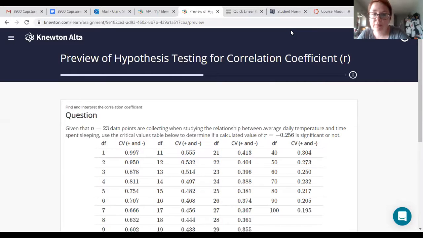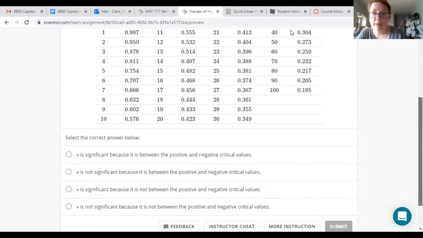So just thinking about the positive value of it, is 0.256 bigger than 0.413? No. So what that means is that if we think about the positive and negative critical values, R would fall between that. So it's not bigger, so it's not significant. So we would choose this one.